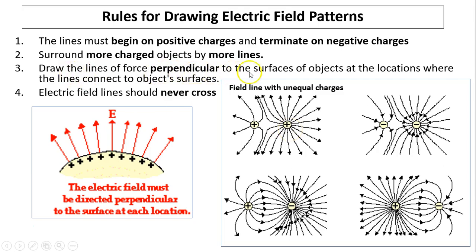Draw the lines perpendicular to the surface of the object. So all the lines are supposed to be perpendicular to the surface. And one thing you need to know is electric field lines never, ever cross. You can be very, very close to each other, but they don't cross each other.